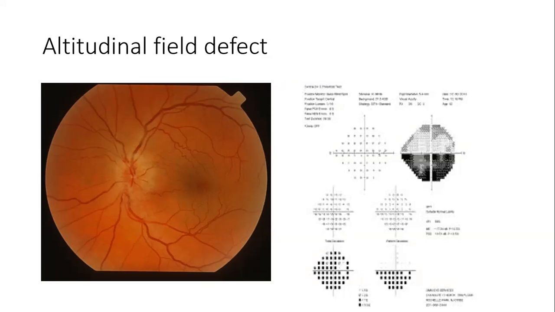It is more common when there is uncontrolled systemic illness in elderly individuals, where there is occlusion of the short posterior ciliary vessels. So this causes an altitudinal field effect.